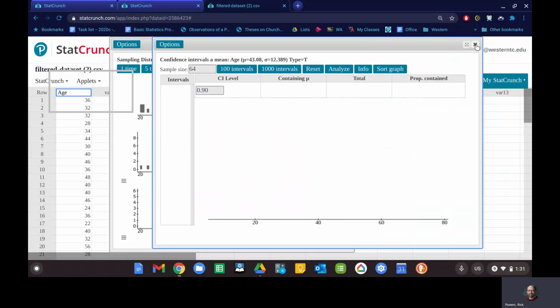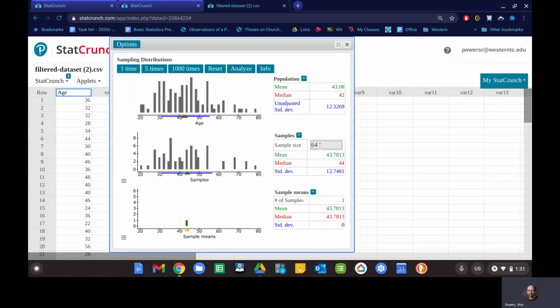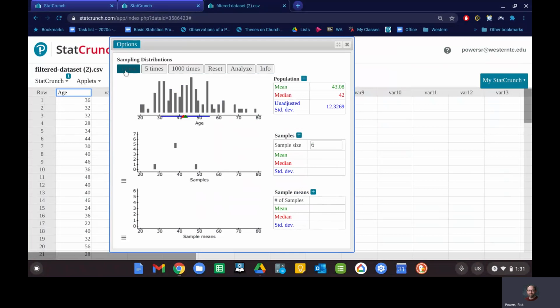And we're going to change this so it's not a sample size of 64, but a sample size of 6. What happens when I only have 6 things? Well, there's only 6 things going on here. I don't have as many numbers here, and so my results are not going to be as accurate.